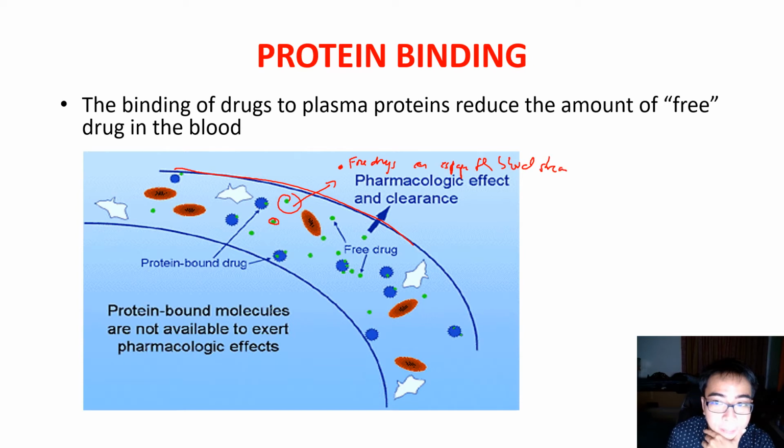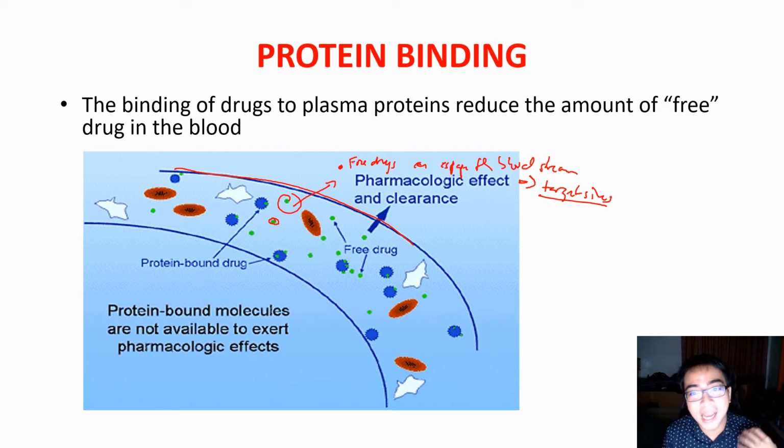And when they escape the bloodstream, obviously, they can easily go to their target sites. Kasi most of the time naman, ang target sites nila are outside the bloodstream. The bloodstream simply serves as a highway kung saan dumadaan sila to be distributed to their target sites.